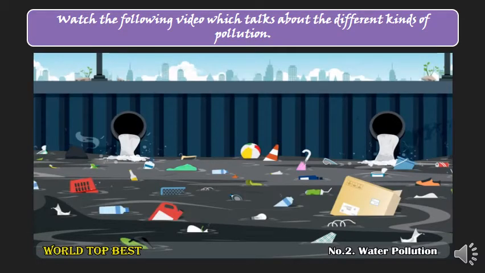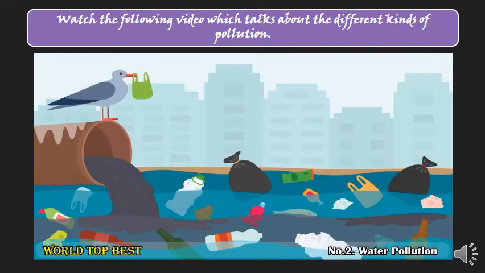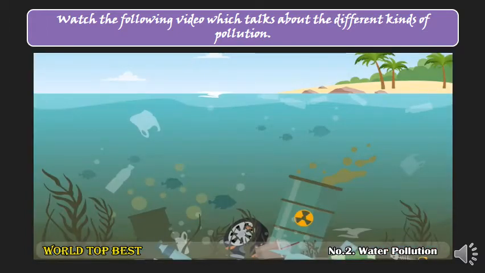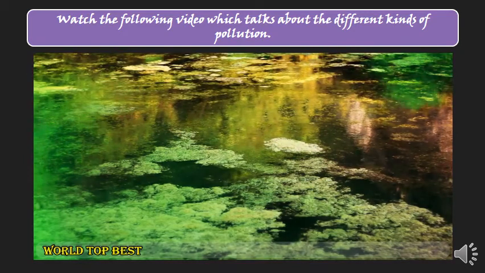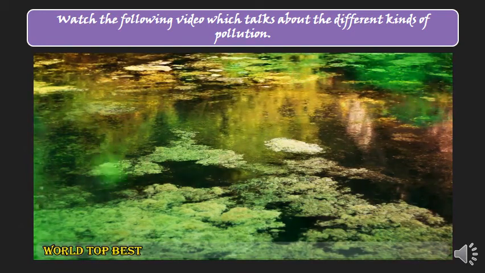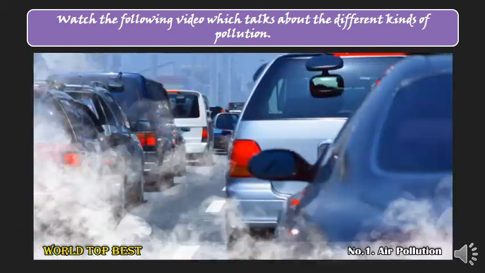Number 2. Water pollution. Water pollution is the contamination of water bodies, usually as a result of human activities. Water bodies include, for example, lakes, rivers, oceans, aquifers and groundwater. Water pollution results when contaminants are introduced into the natural environment. This makes the water harmful to drink and also endanger the lives of the sea and marine animals. Number 1. Air pollution.